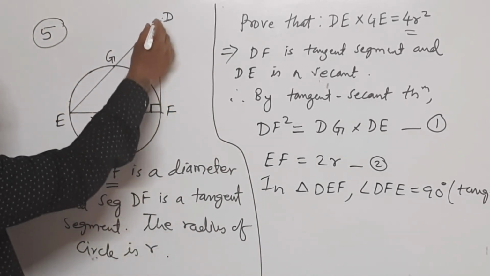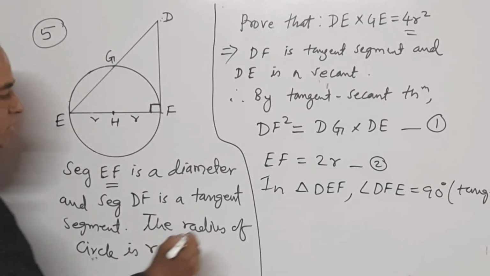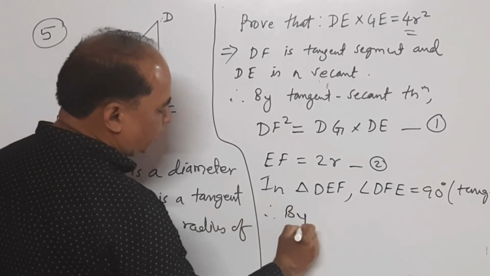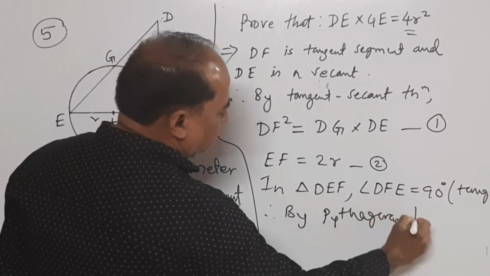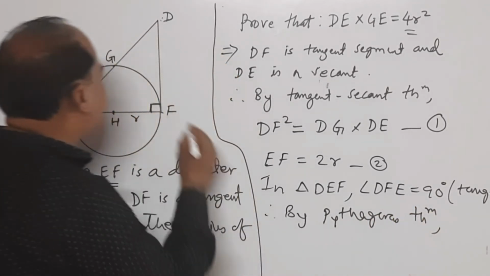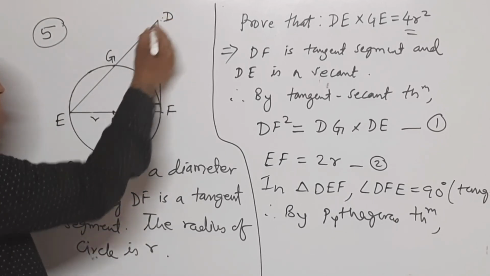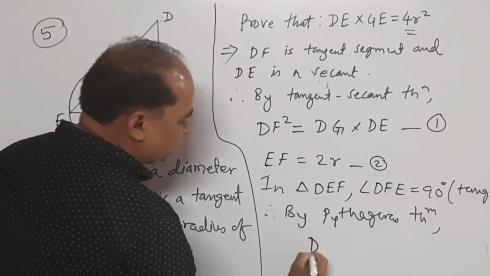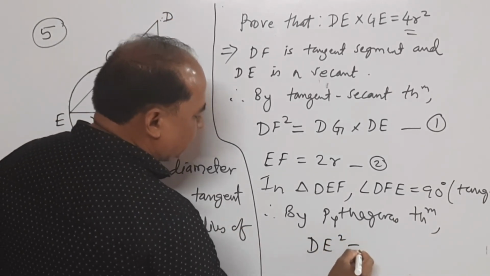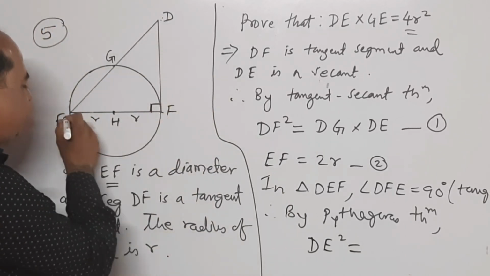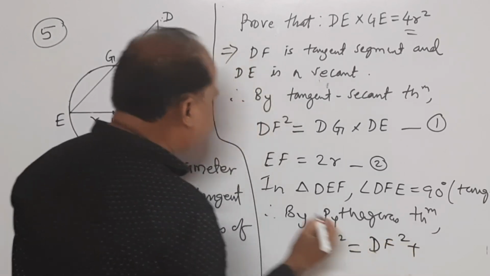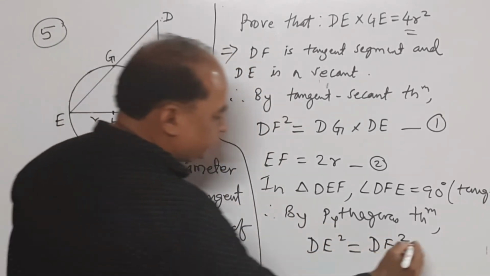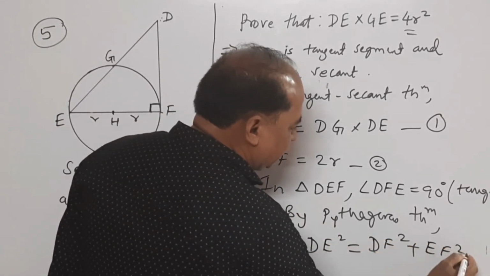Whenever there is a right angle triangle, you have to apply the Pythagoras theorem. Therefore, by the Pythagoras theorem, the square of the hypotenuse, DE square, is equal to DF square plus EF square.